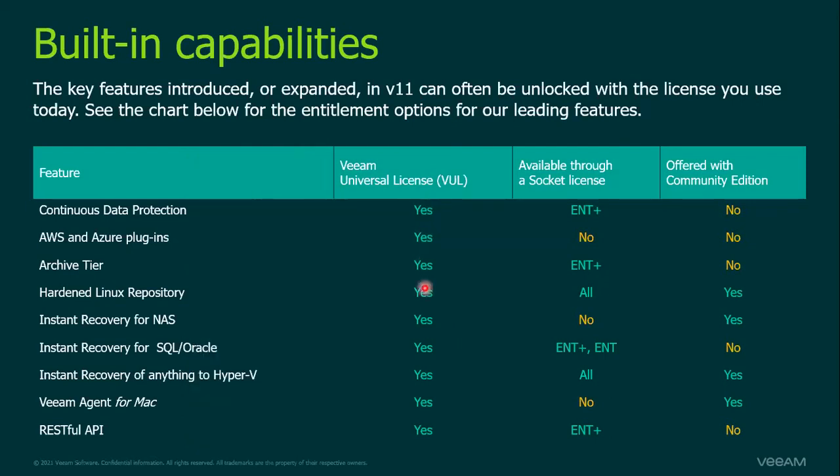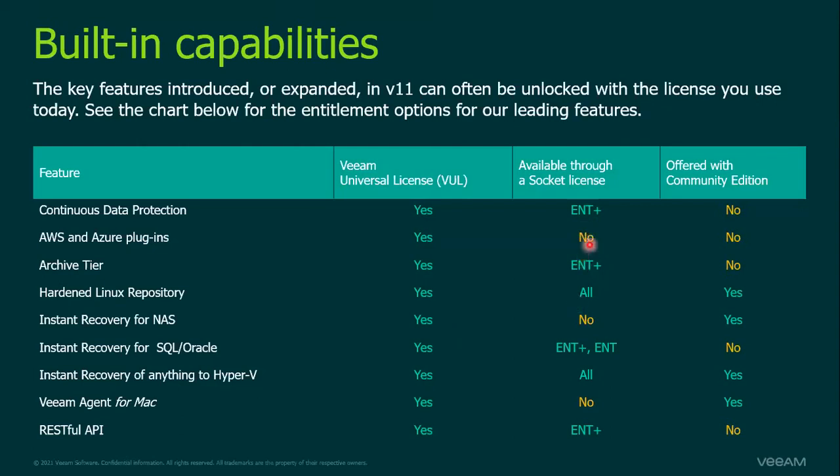When you buy a Veeam Universal License, as the name suggests, you get all the capabilities which Veeam provides. But when it comes to socket-based licensing, there are a couple of features which are not available, right?